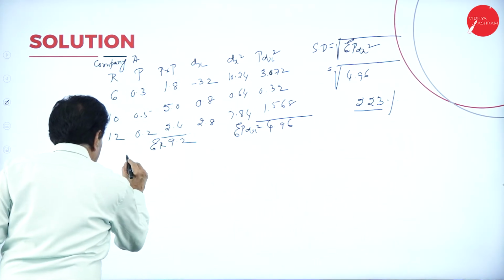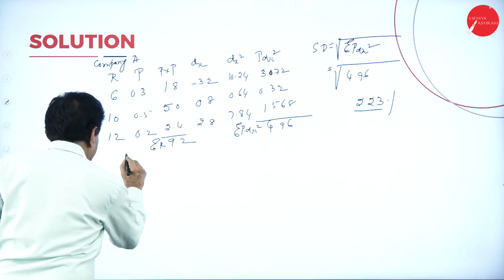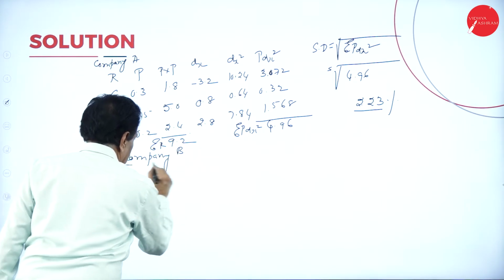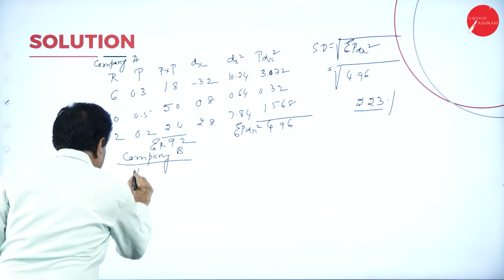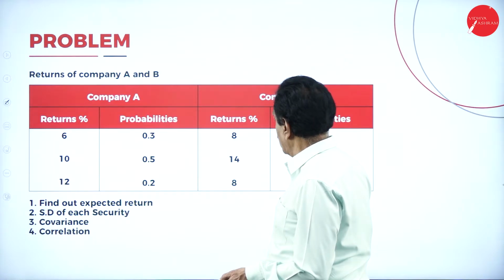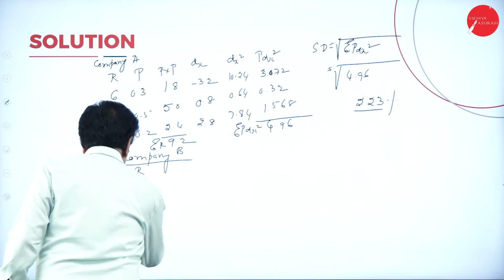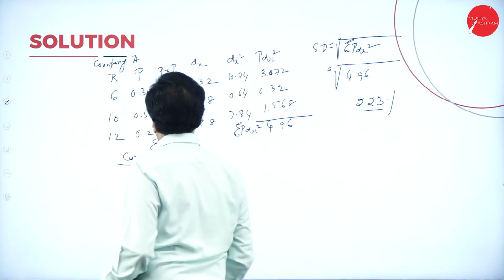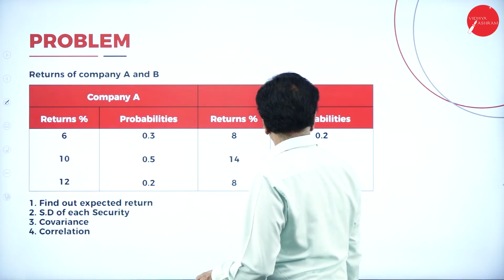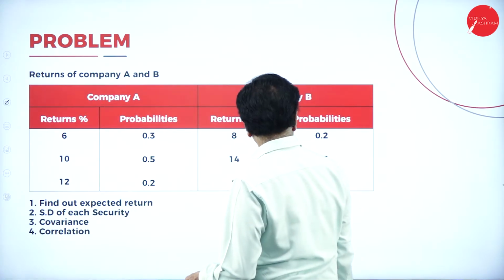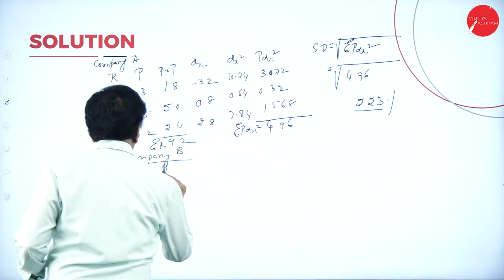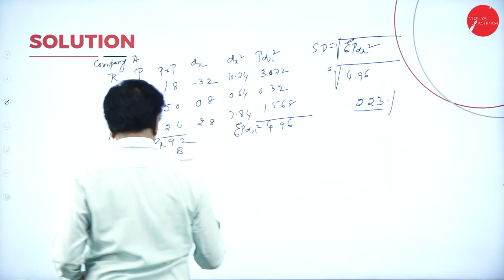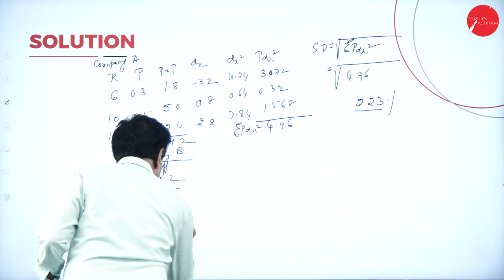Next, company B. Returns are 8, 14, 8. Probabilities are 0.2, 0.5, 0.3.